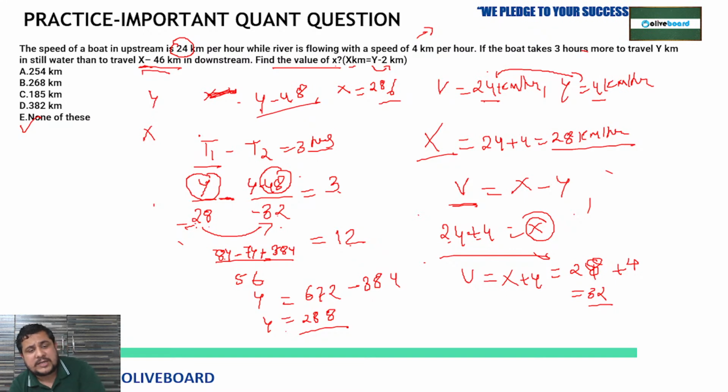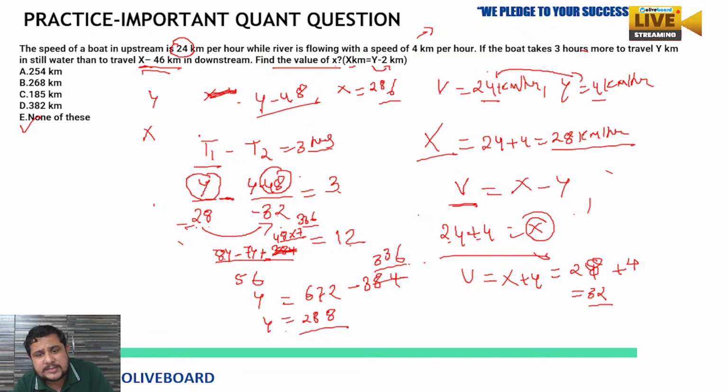Yeah, 48 into 7. I considered 48 into 8. Not an issue. So just put the value like that. 48 into 7, so it will be 336 then. Now your value will be 336. Other things are okay. Clear? Then 334. Okay, fine.